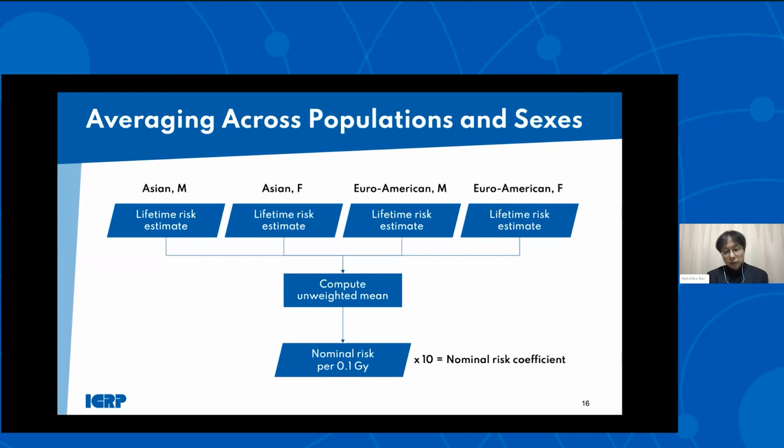Multiplying by 10 yields nominal risk coefficient per gray. For solid cancers, this value equals the nominal risk directly calculated for one gray. But it is not the case with leukemia because LQ dose response was assumed for leukemia.